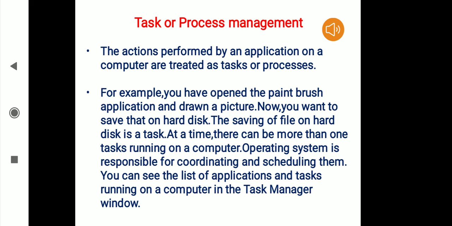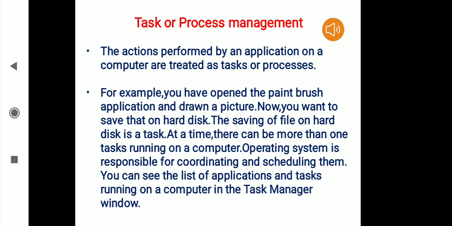For example, if you have opened the paintbrush application and drawn a picture, after that you may wish to save that file on a hard disk. The saving of the file on the hard disk is a task.